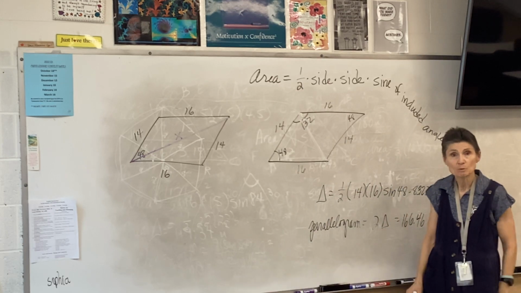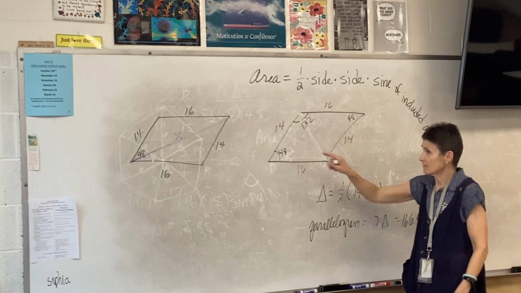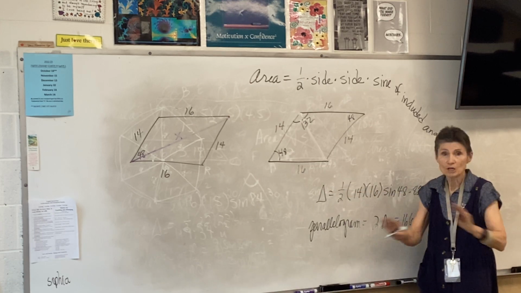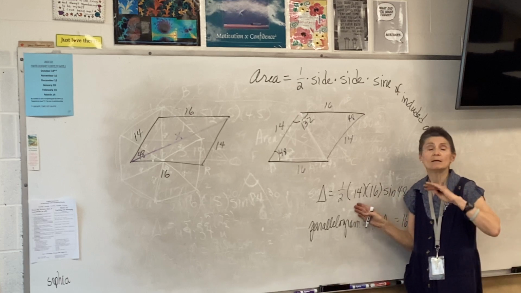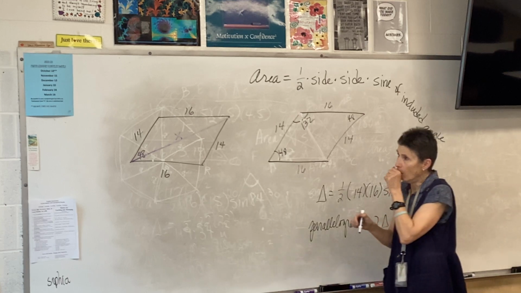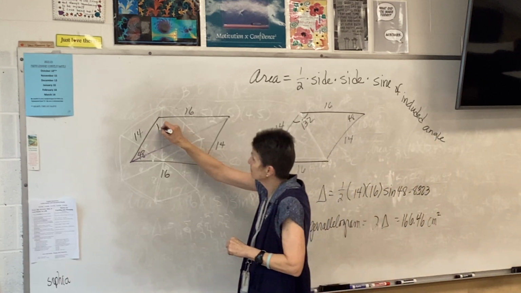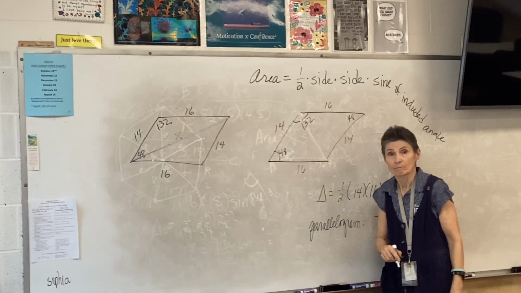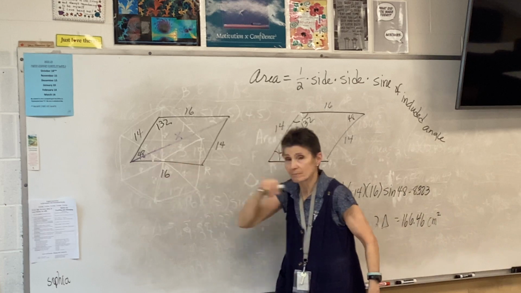Supplementary means they add up to 180. If that's 48, that's 132. Done. Given, know it, no confusion, that's just it. So coming back over here, I know that's 132, because that was 48.